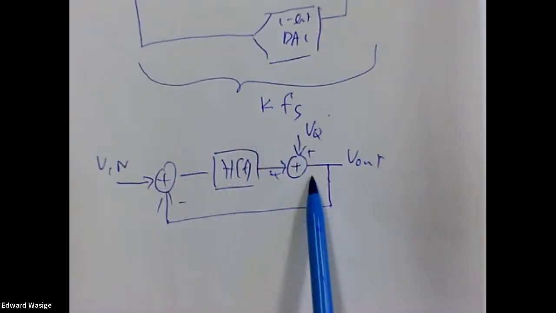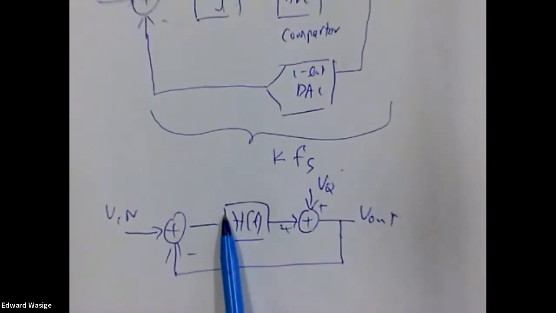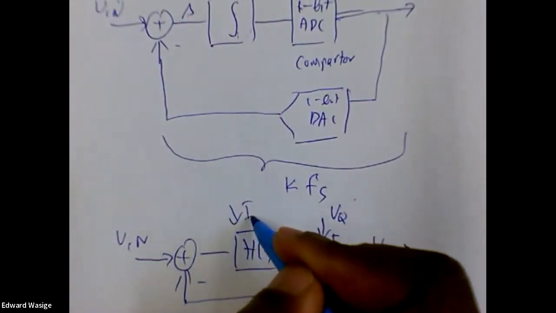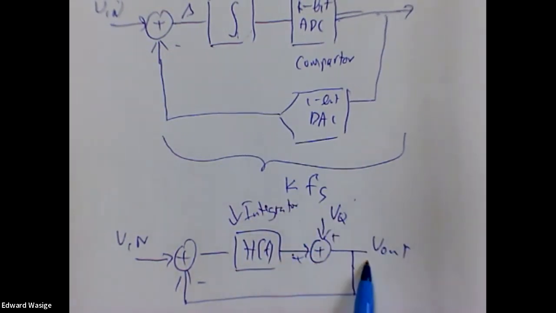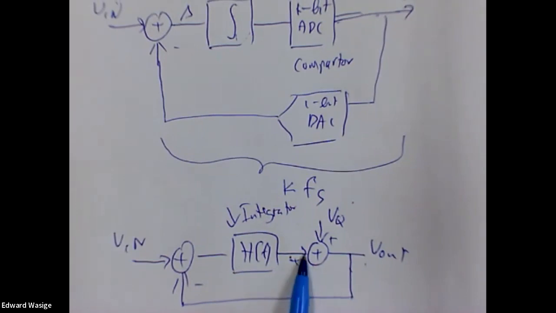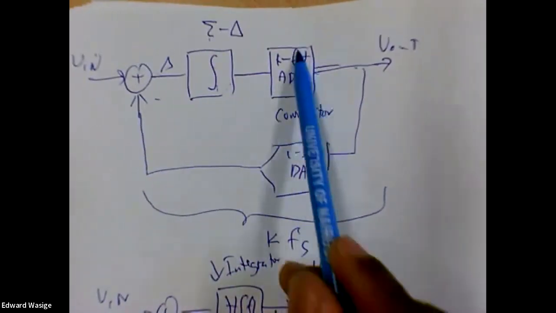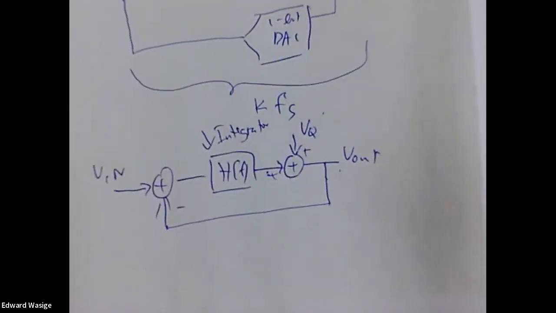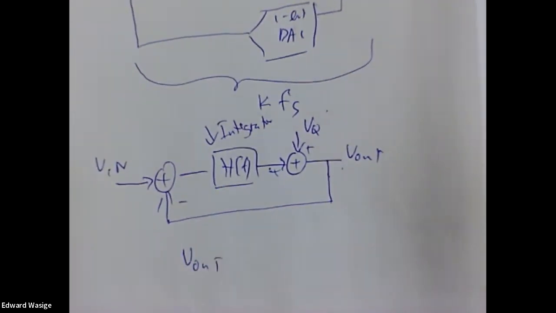Because the ADC and DAC cancel each other out, this represents just the integrator function. The ADC and DAC kind of cancel each other out, but this process introduces an additive noise signal. Out of this, you can write V out in terms of V in.